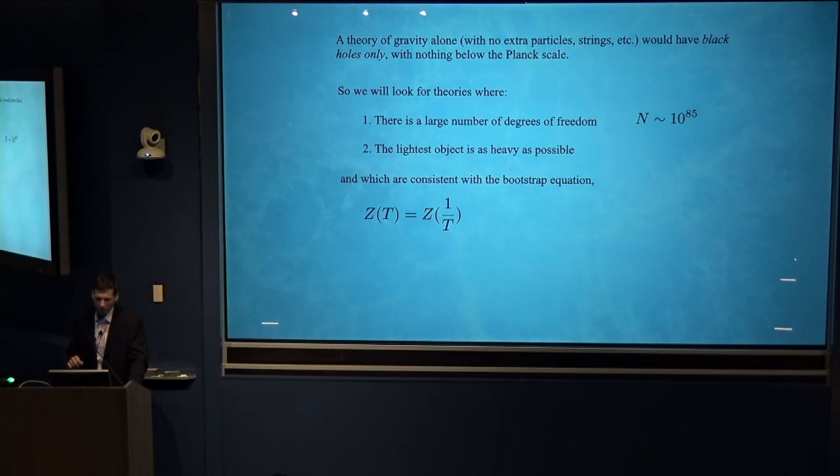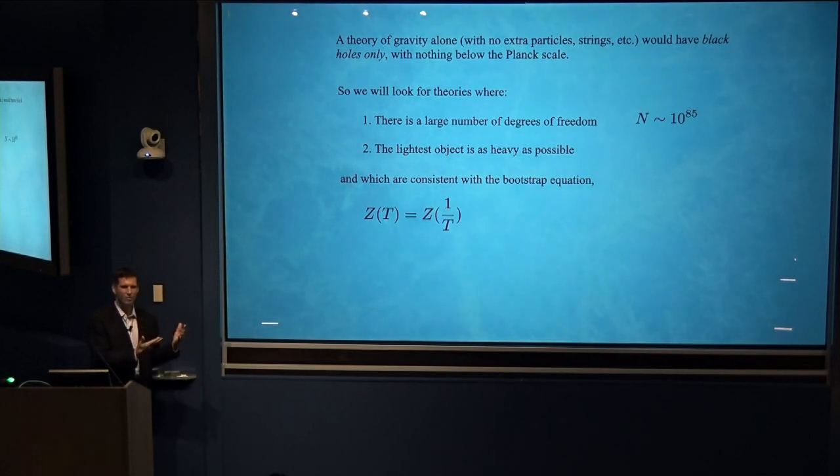And finally, they're consistent with the bootstrap equation that relates hot to cold. This has mapped a problem of finding theories of quantum gravity to a problem of finding functions with this property.